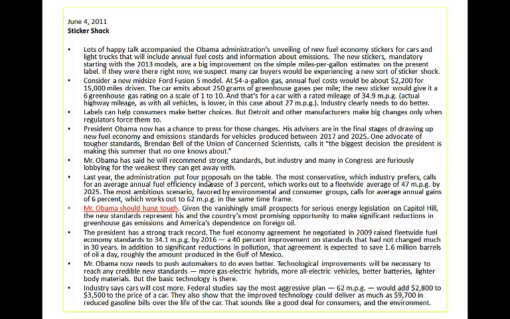The editorial is trying to convince us that Obama should hang tough, meaning he should press vigorously for the emission standards or the fuel efficiency standards that the editorial writers of the Times are in favor of.